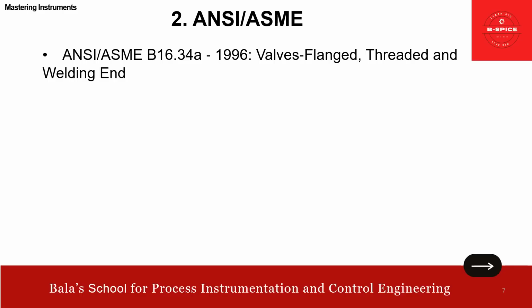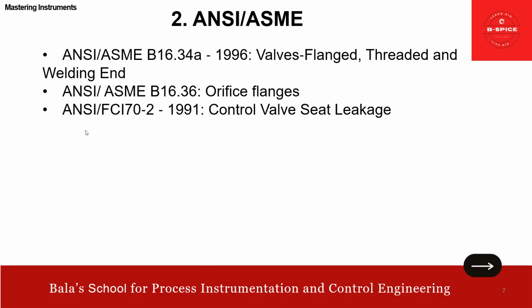Now we move on with a few more. ANSI ASME B16.34A talks about valves, flanged, threaded, and welding end. That's about this. ASME B16.36 orifice flanges, another very important one. ANSI FCI 70-2, forget the year, focuses on control valve seat leakage, very important.